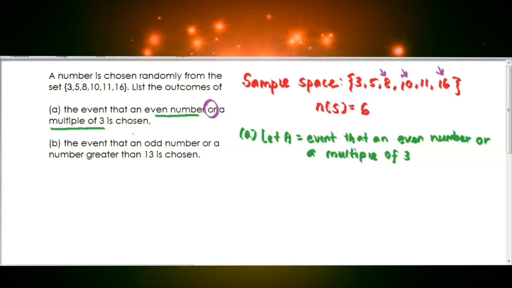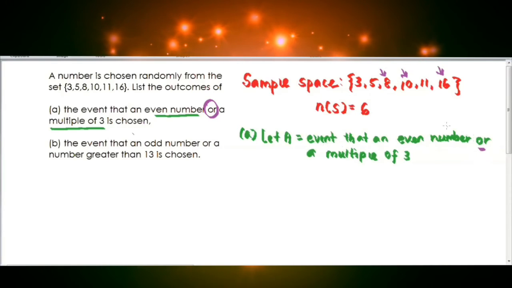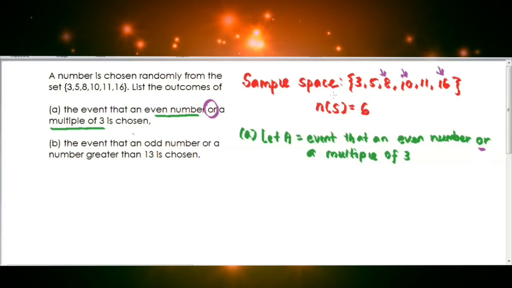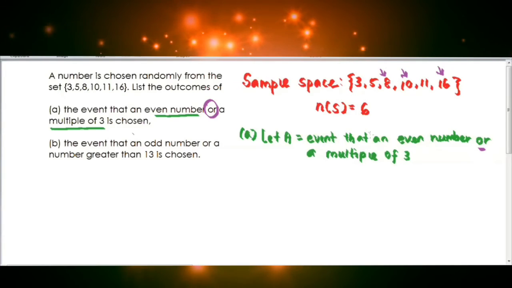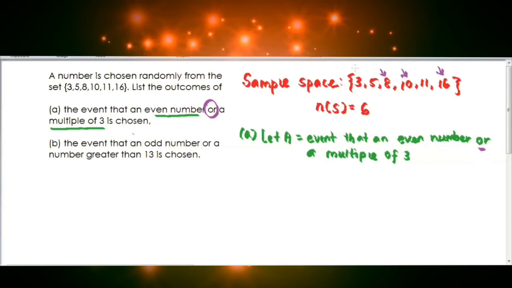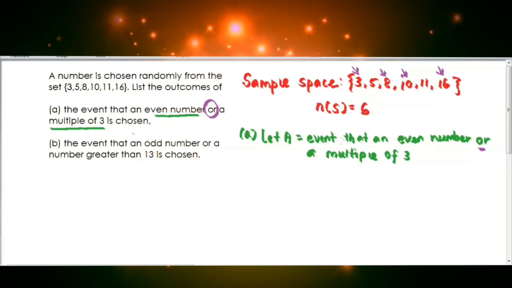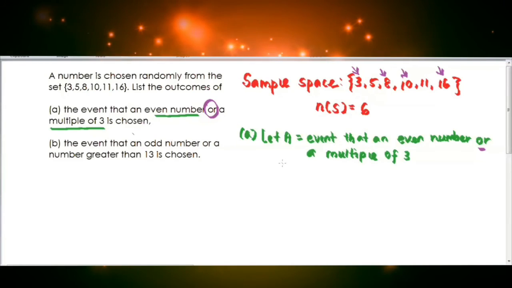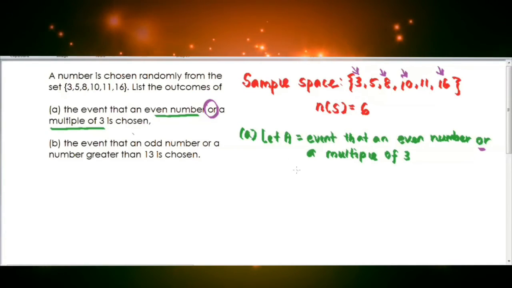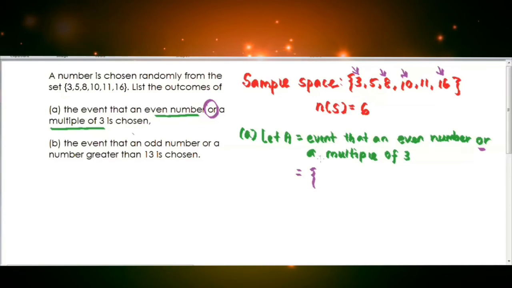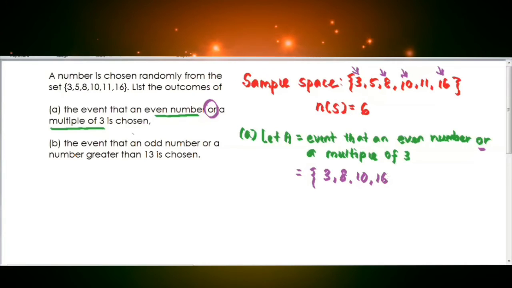Which one is a multiple of 3? We can also choose 3. So our event, in notation form, is 3, 8, 10, and 16: an even number or a multiple of 3.